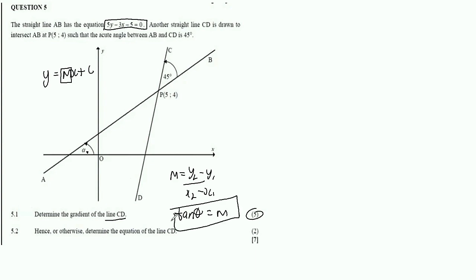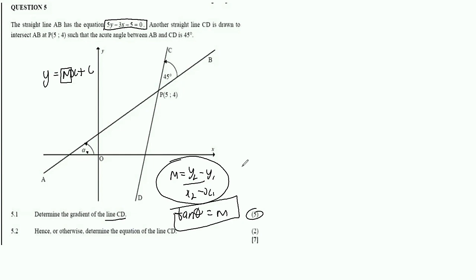That's the formula for the angle of inclination from your formula sheet. But the challenge is that we do not have the angle of inclination for CD. But remember, this is analytical geometry, right?